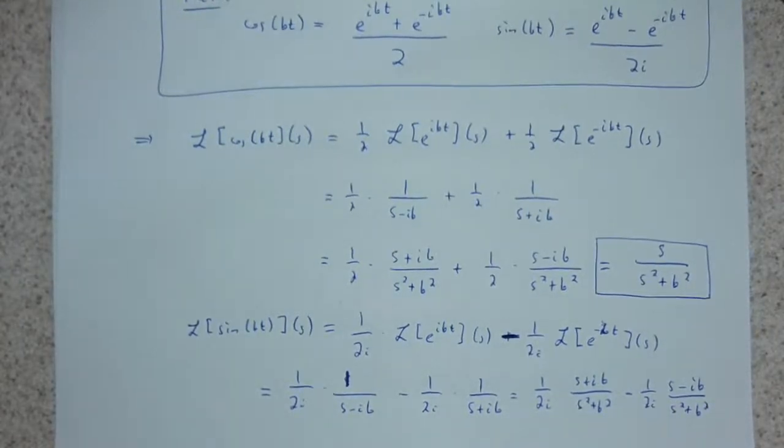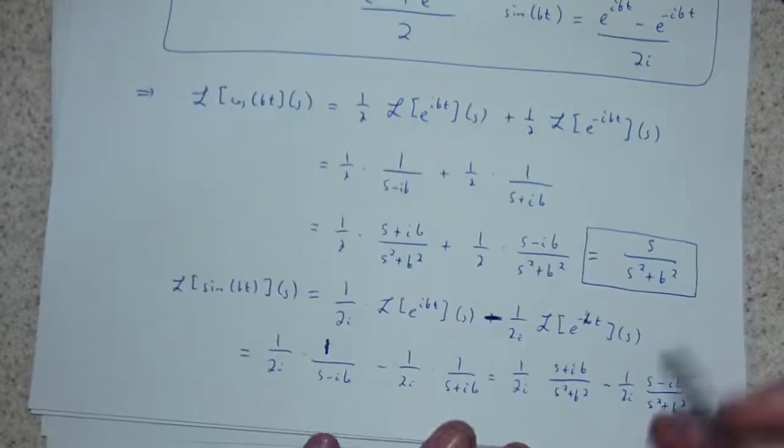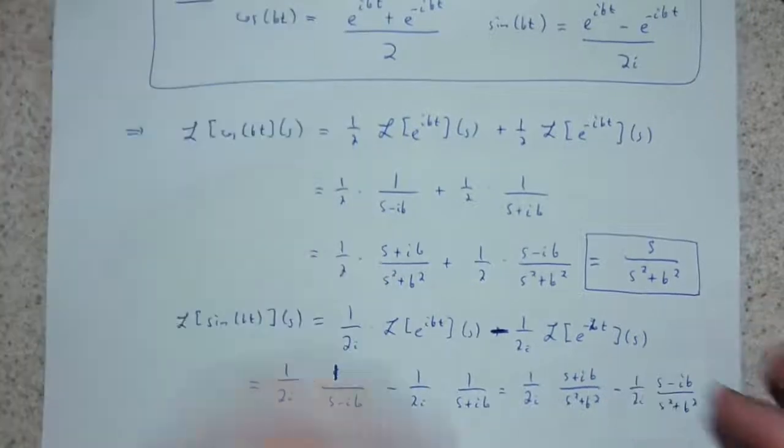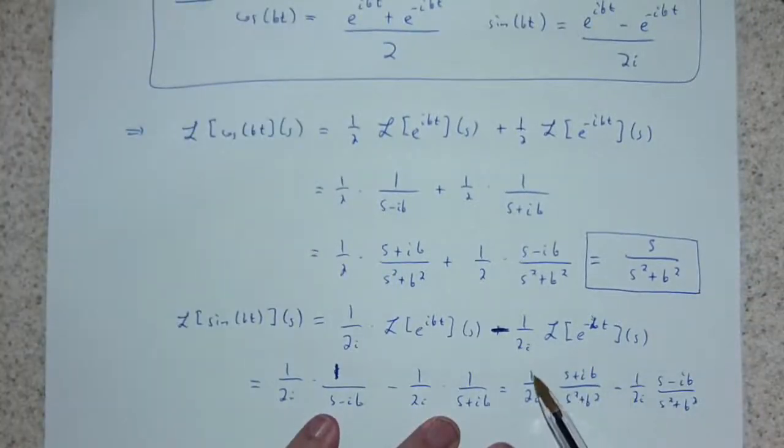And let's think for a second here. So now the term that's going to get canceled here is, I'm going to have 1 over 2i s over s squared plus b squared minus 1 over 2i s over s squared plus b squared. So the s term cancels. And so what I get is 1 over 2i times ib over s squared plus b squared. So the i's cancel and I get 1/2 b over s squared plus b squared minus ib over 2i over s squared plus b squared.